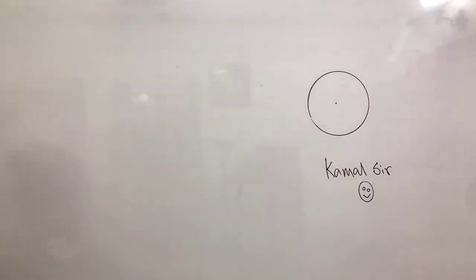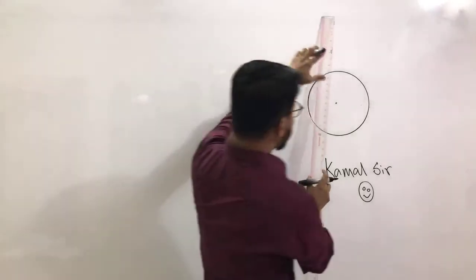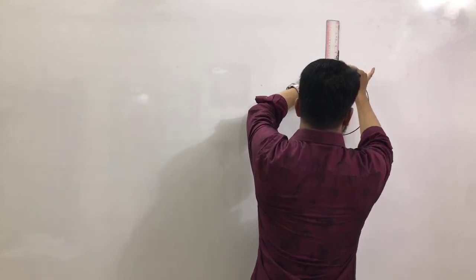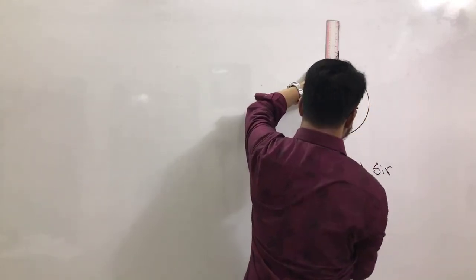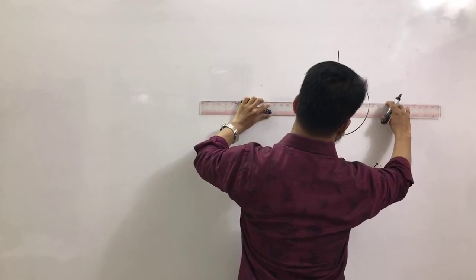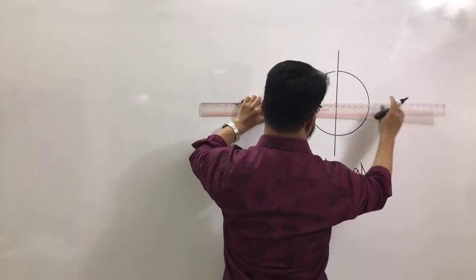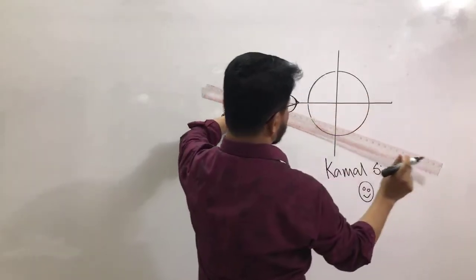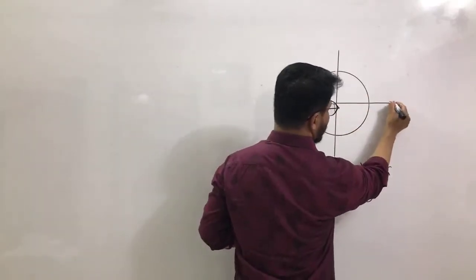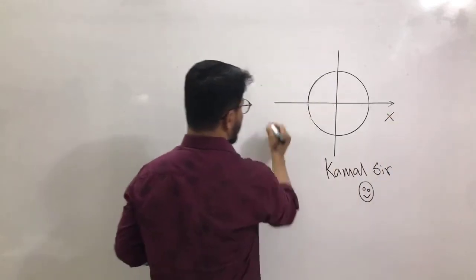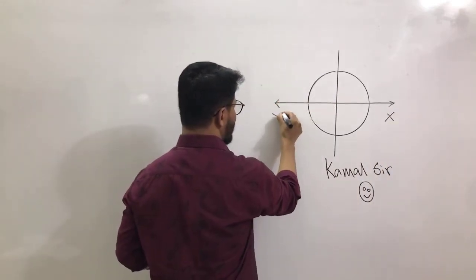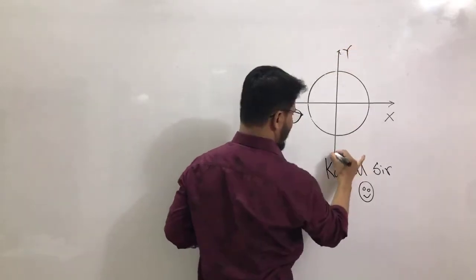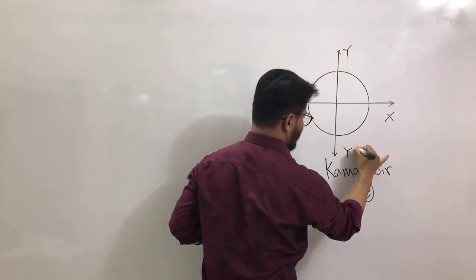So if we consider here this circle whose center is the origin of x, y, like if we draw a y-axis, this one, and this one is x-axis. So this x-axis, the right side is positive x, and the left side is x prime, and this upper one is y, and this one is y prime.